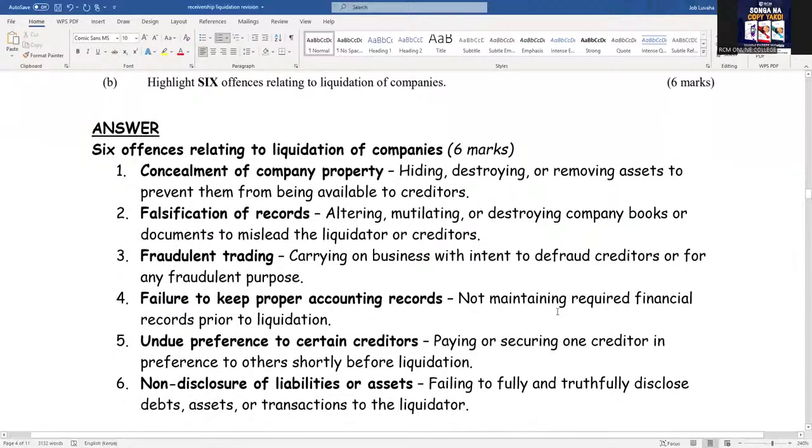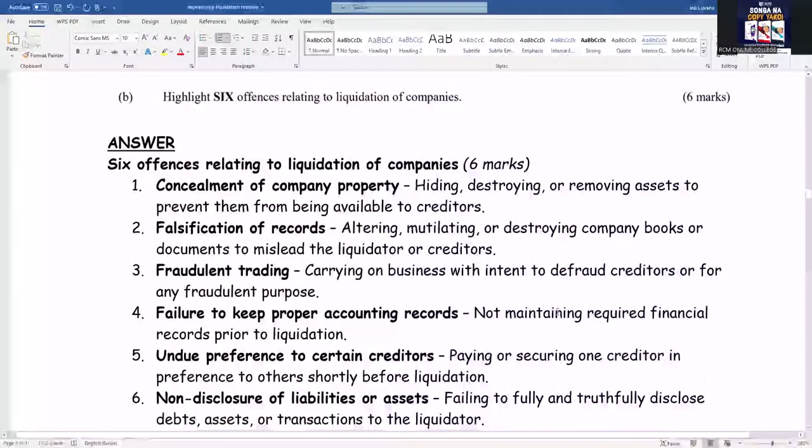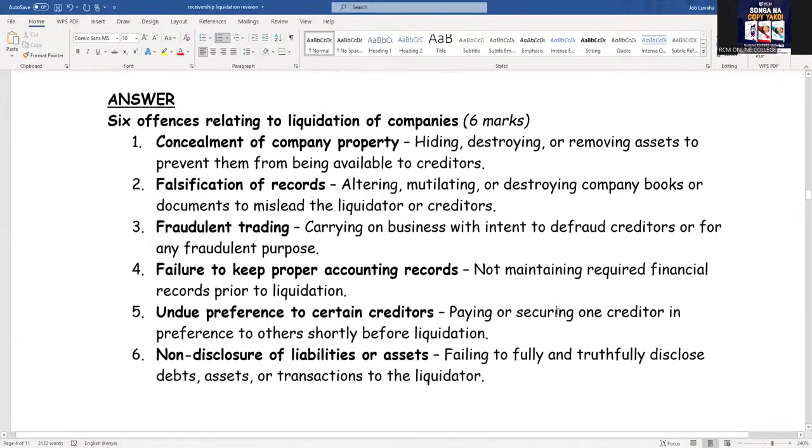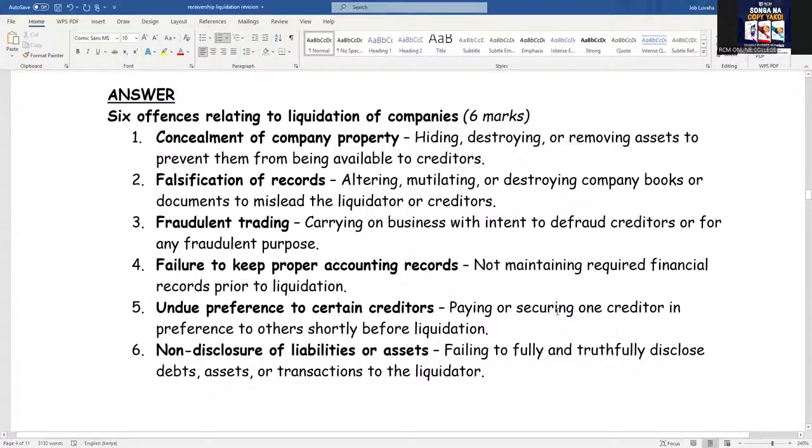Then you can have fraudulent trading, so carrying on business with intent to defraud creditors or for fraudulent purposes during liquidation. If it happens that those involved in the liquidation process are involved in fraudulent trading, for example, disposing of assets by making secret profits without revealing the profits, then that's what you call fraudulent trading during liquidation.